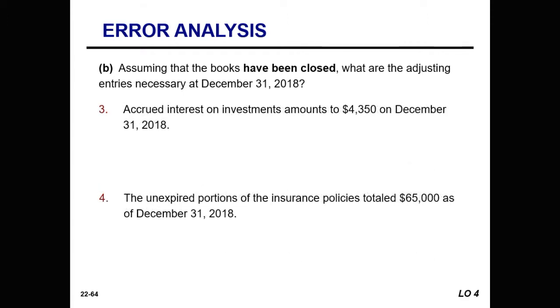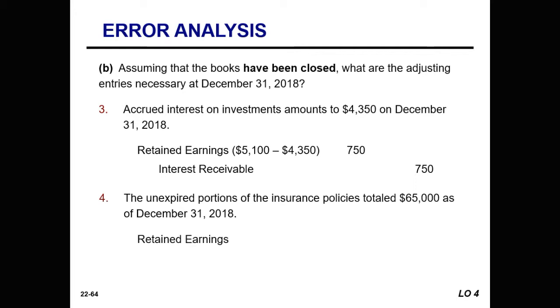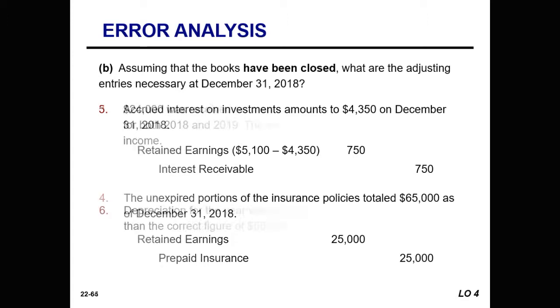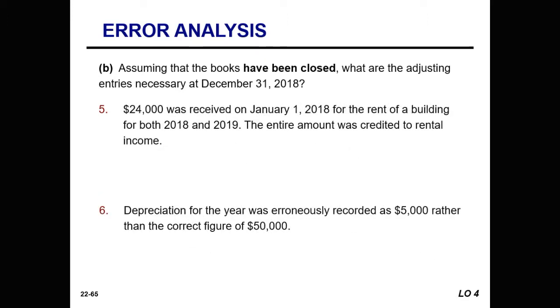The accrued investments amount to $4,350, which means that we would debit our retained earnings, $750, and credit that interest receivable by $750. And then the $25,000 in insurance expense, we would post $25,000 to retained earnings, $25,000 to prepaid insurance. $24,000 was received.